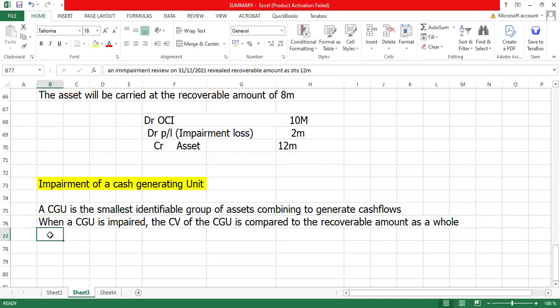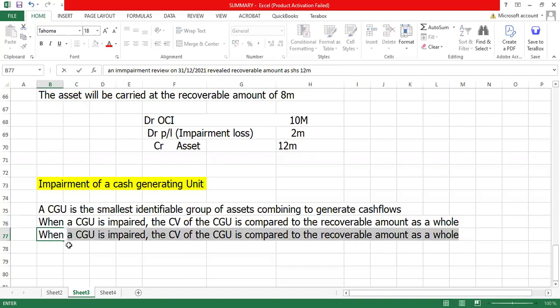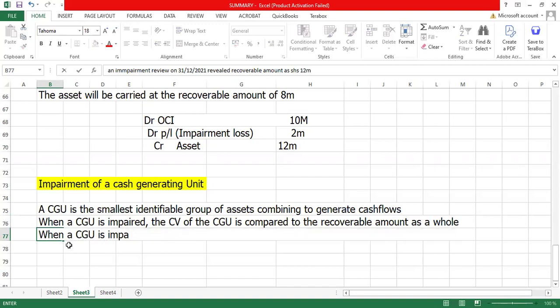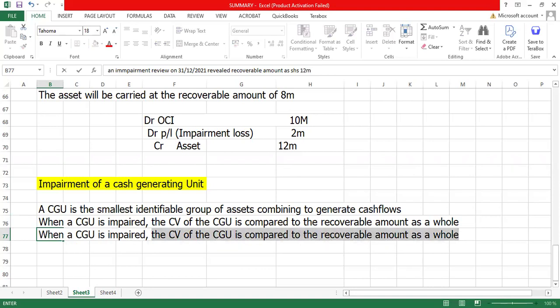And when the CGU is impaired, that impairment loss, the difference, will be allocated as follows.